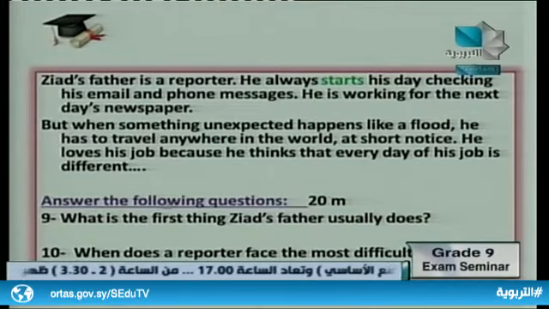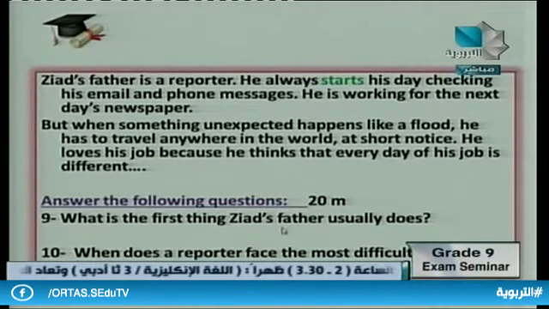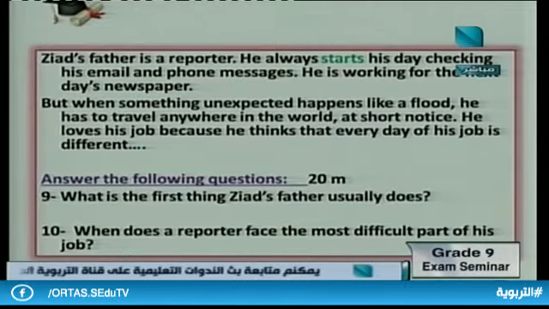So this is about the first task. What about the second one, Miss Nisreen? The second task's rubric is to answer the following questions, and it is allotted 20 marks. In these questions, we have WH questions, and it is better to write a complete answer.